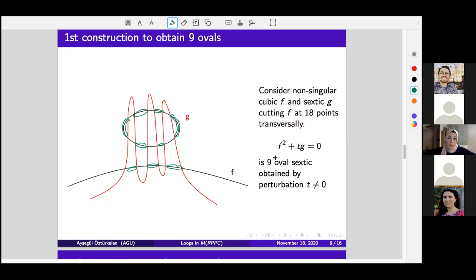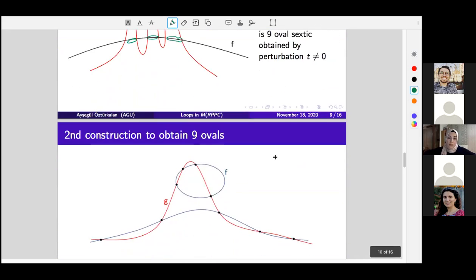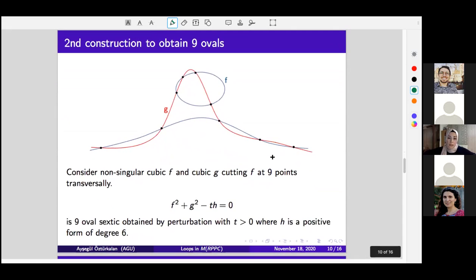Another construction is taking the intersection of two cubic curves. Here we consider a non-singular cubic F, the blue one, and another cubic G, the red one, and it intersects F at 9 points. You know, two cubics can intersect in at most 9 points, and here we get the maximum.